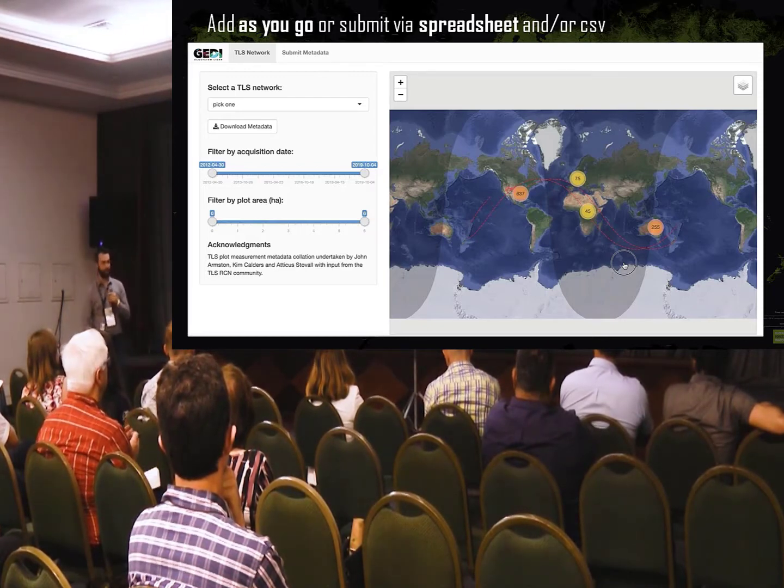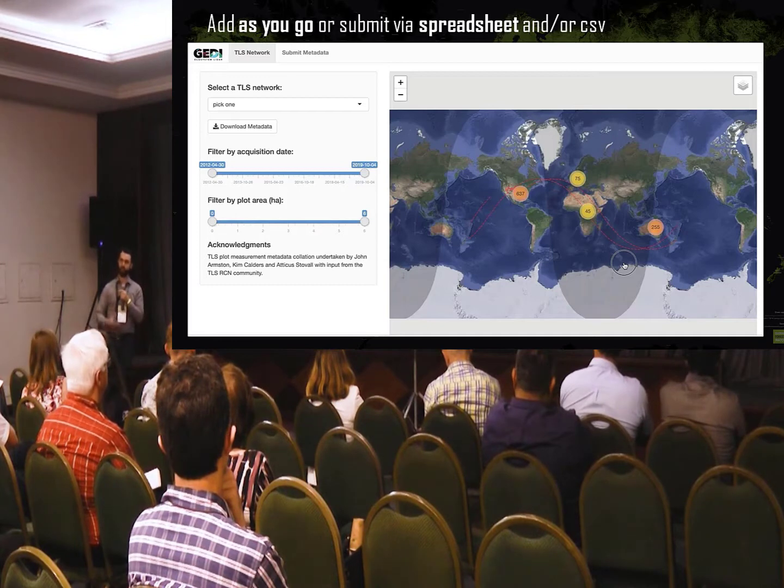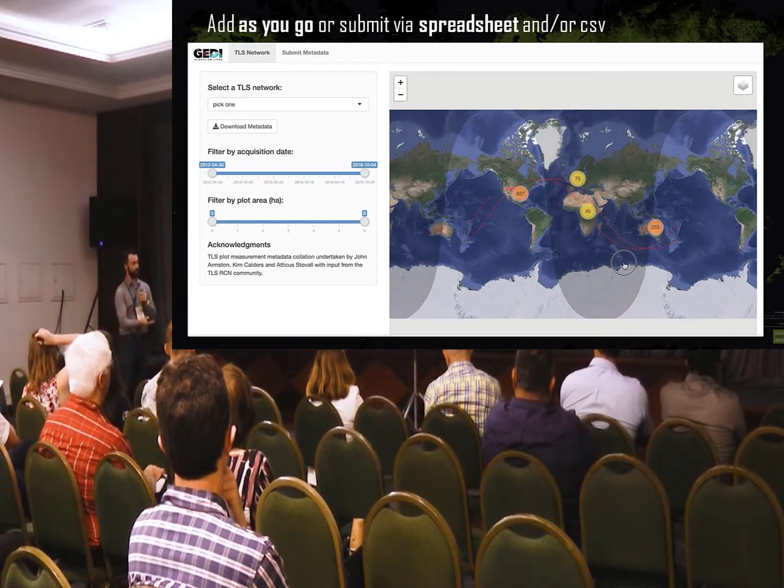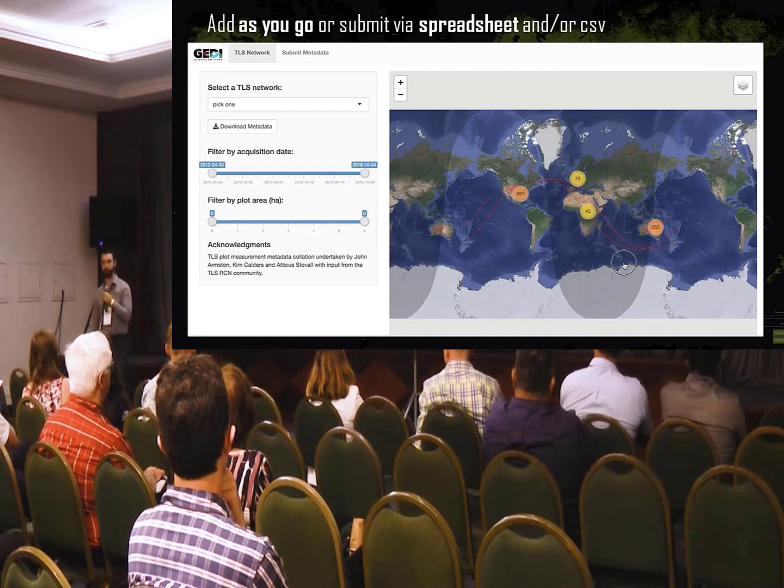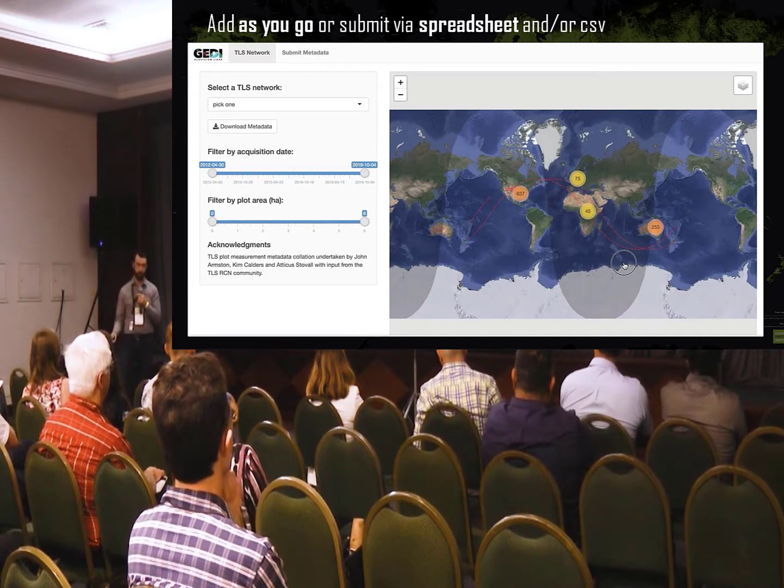John Armstrong is part of the JEDI science team, and he's put together a TLS version of this navigable map where we can look at the metadata that we have with TLS. You can zoom in and see places where, for example, this is a pretty long time series that we collected in 2018.